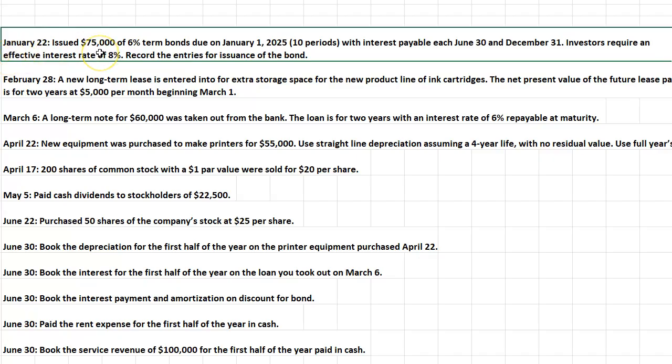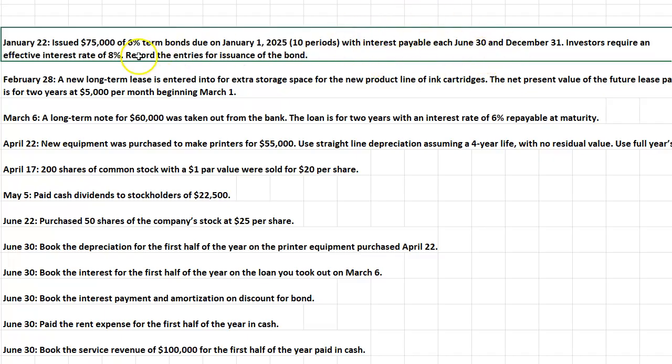Okay, so let's take a look at this. $75,000 of 6% term bonds are due January 1st. This is 10 periods with an interest payable June 30th and December 31st. Investors require an effective interest rate of 8% and record the entries for the issuance of each bond. So we're going to have effective interest of 8%, but we're going to be paying interest semi-annually.